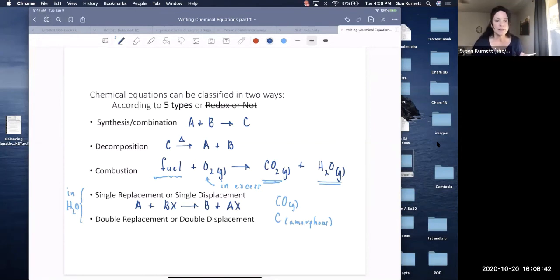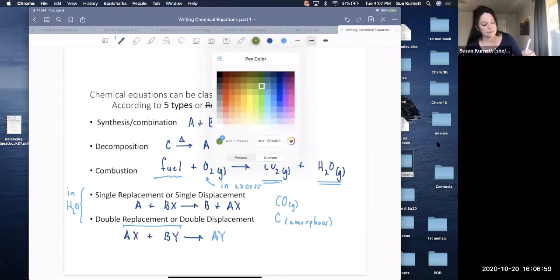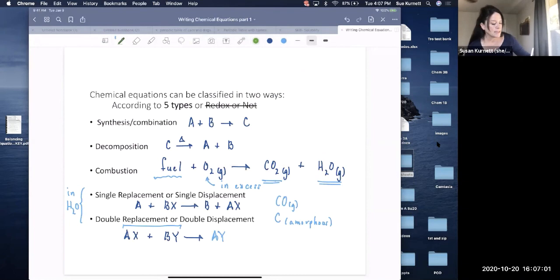For double displacement, we start with 2 compounds. The cation of the first combines with the anion of the second. And the cation of the second combines with the anion of the first, cations before anions.